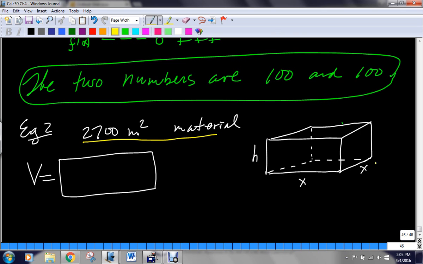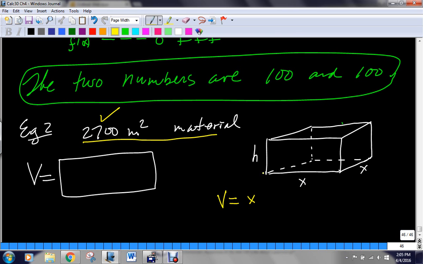And I know that I have a box, and I know how the volume and the dimensions of the box are related. You think of some kind of equation that you can connect some things with, and the added information that the volume is 2,700 meters. So watch what I'm doing here. The volume of the box is going to be what?